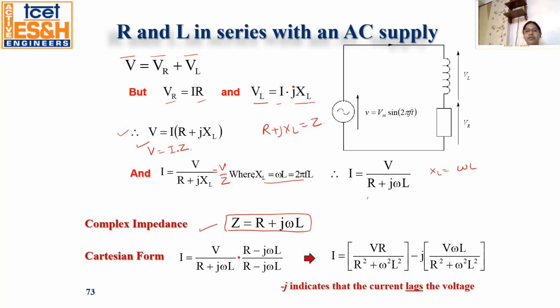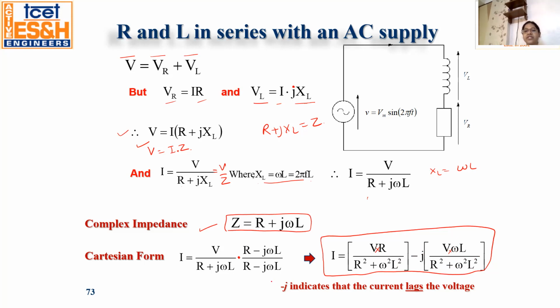If you multiply and divide the numerator and denominator by R minus j omega L, you will get I in the form of this formula: V R divided by R square plus omega square L square, minus j V omega L divided by R square plus omega square L square.